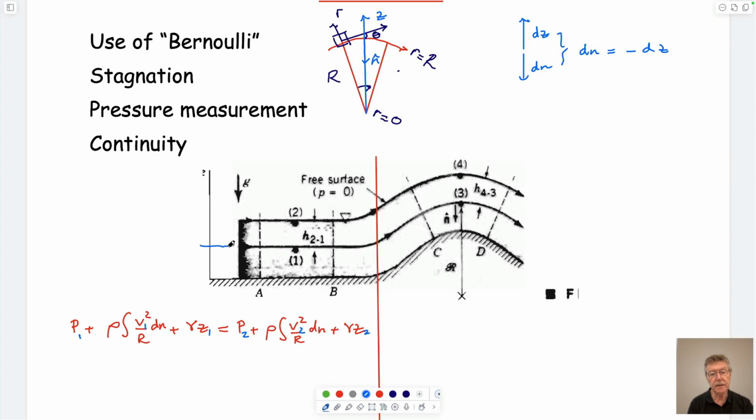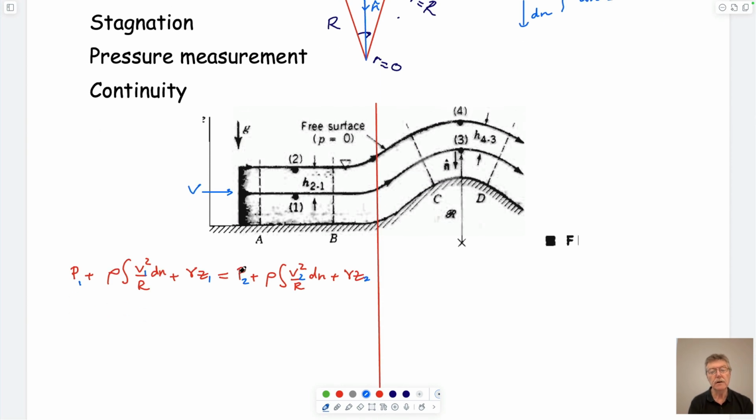The velocity in this particular case is in this direction, v. So v2 and v1 will be largely the same. And so let's try and figure out what p1 would be as a function of the other components.